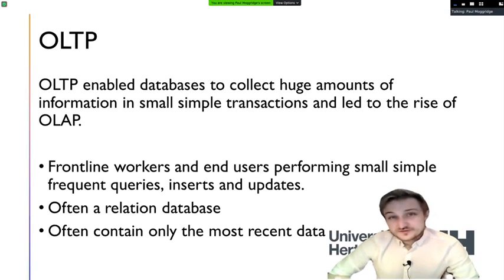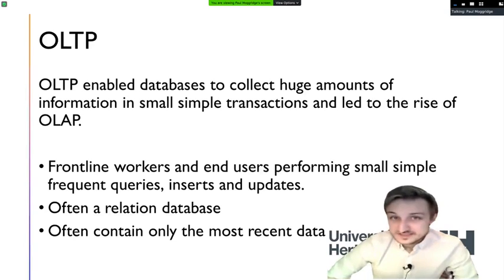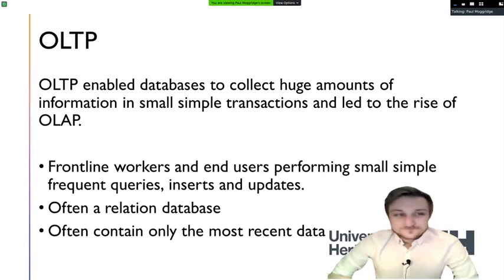It's optimized for access by small queries that are using indexes and typically only returning a small subset of the data. And OLTP systems are typically business critical, so they're essential to the operation of the business, and those small little transactions that they do are what keeps big businesses or small businesses running.